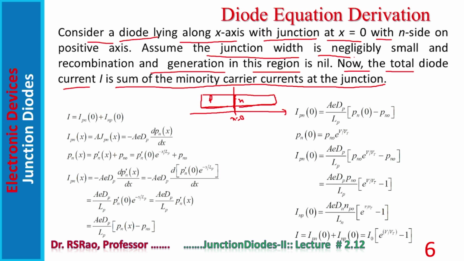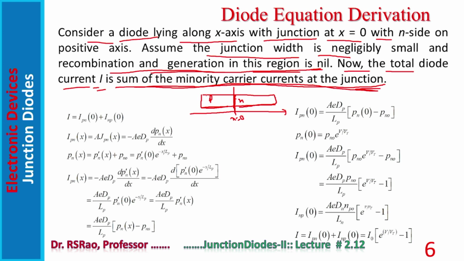As we are assuming recombination and generation in this region is nil, majority carrier current on the P side and minority carrier current on the N side across the junction remain the same. They don't change. The same argument can be put forth regarding majority carrier current and minority carrier current on the N side too. Conclusion is this: current I is the sum of minority carrier currents at the junction.